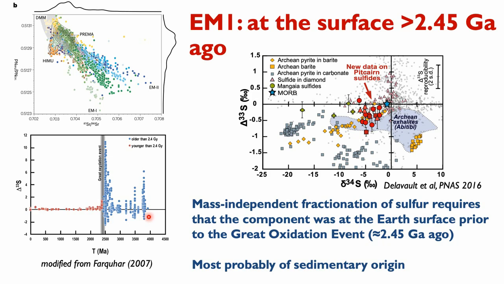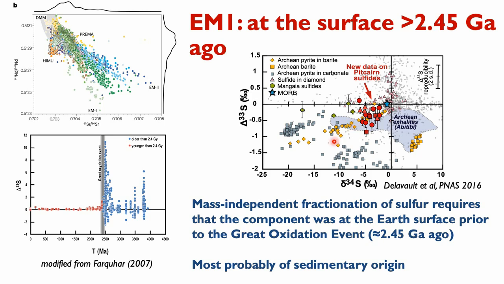Now, when we measure sulfur isotopes within minerals present in the Pitcairn sample from the EM1 volcano, we find, shown here in red, a negative anomaly. That demonstrates that material that had suffered mass-independent fractionation more than 2.45 billion years ago is present in the source of this volcano.